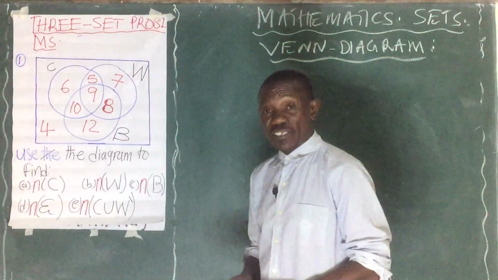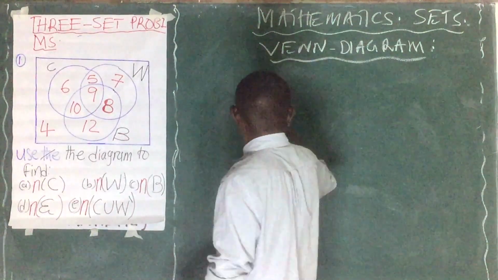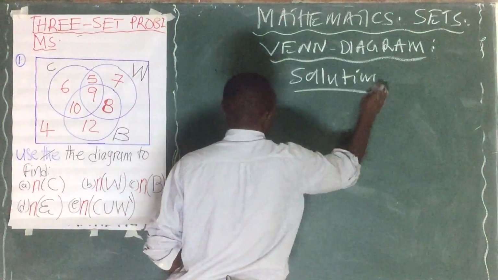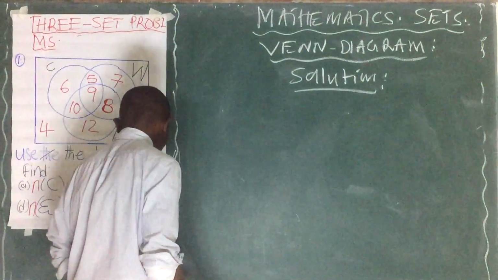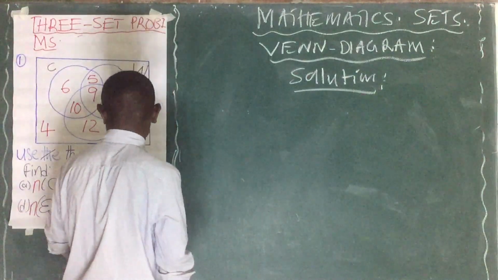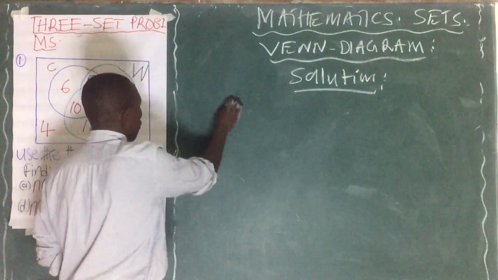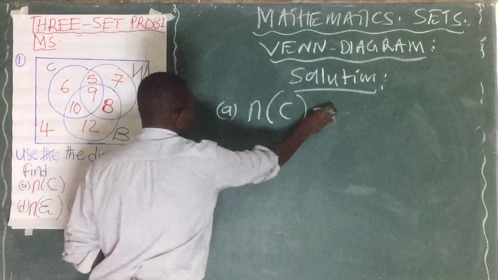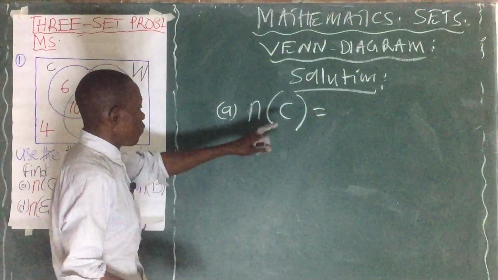How many are there in C? So n(C) simply means how many elements you have in C.